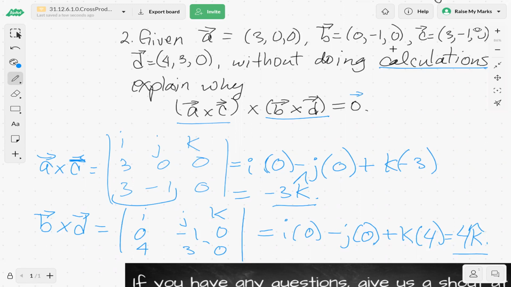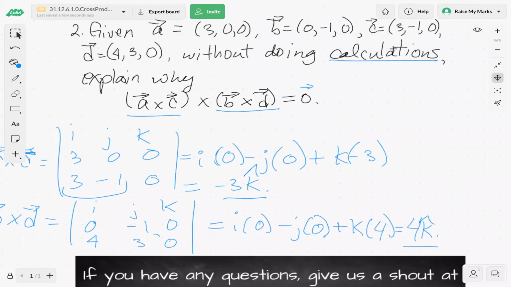So if we want to explain this without doing calculations, let's have a look at our vectors a bit closer. We've done calculations, and while they told us not to, sometimes calculations help us see what's going on.